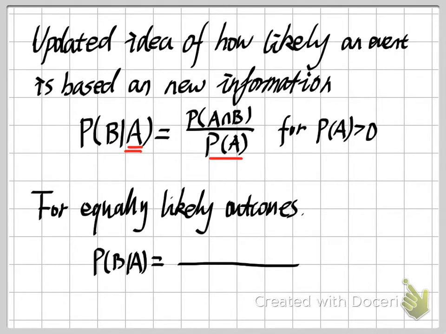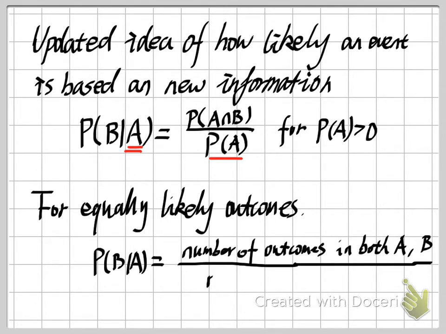The numerator becomes the number of outcomes in A intersection B, in other words in both A and B, and the denominator becomes the number of outcomes in event A, or the size of A. This is what happens if we have equally likely outcomes.